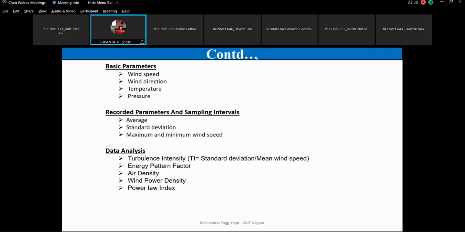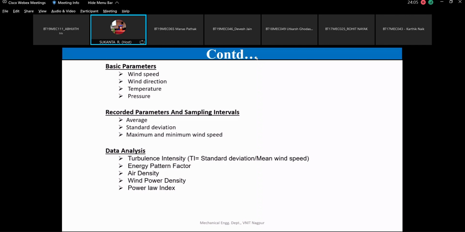And for temperature, pressure, solar radiation and humidity, it's not mandatory to mount at different heights, not even 10 meter from the ground level. For temperature, it's fine if you mount the temperature sensor 3 meter from the ground level, or at half height.